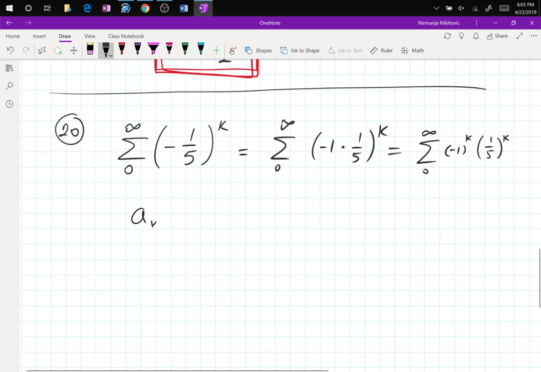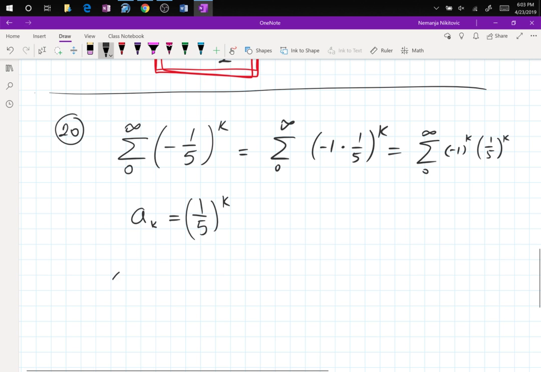So AK is equal to 1/5 raised to the k, and I need to show those two conditions hold if I want convergence, right?